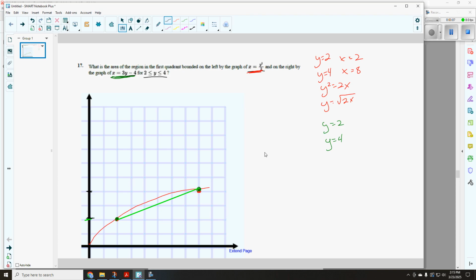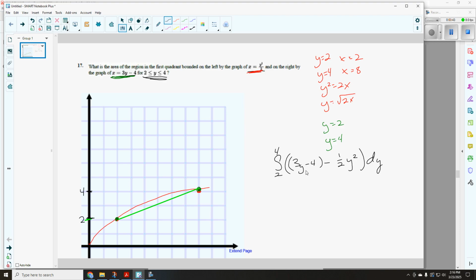So what I'm doing is finding the integral from 2 to 4, which is what they gave me right here, of the top one, which is the green one, 3y minus 4, minus the bottom one, which is 1/2 y squared dy.